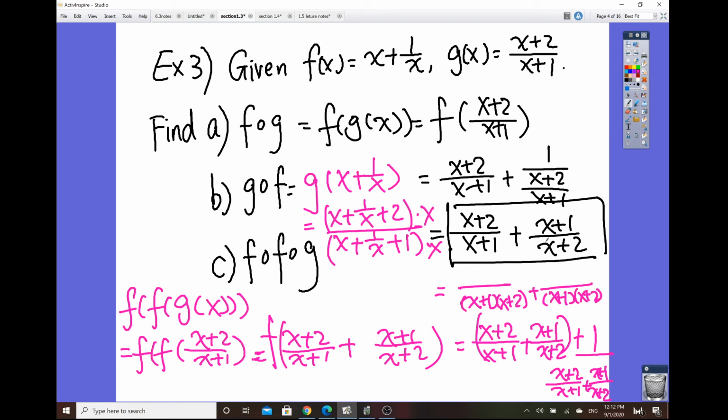This one we just need to multiply by x plus 2, top and bottom, so it's x squared plus 4x plus 4. And this one here, multiply that by x plus 1, so x squared plus 2x plus 1. Once you come up with the same denominator, we can combine them. So it's 2x squared plus 6x plus 5, all over the same denominator.